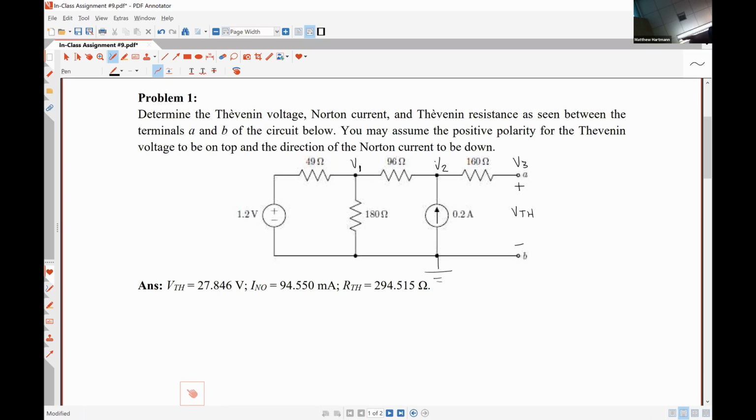So let me ask you guys a question. How much current will flow through the 160 ohm resistor? Can we figure that out just by looking at the circuit? Is the 160 ohm resistor right here part of a closed loop able to carry current?